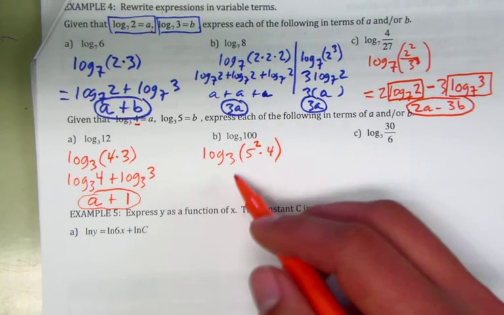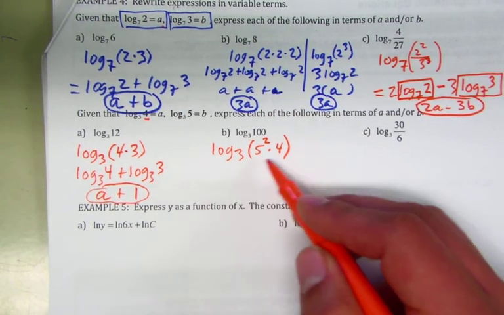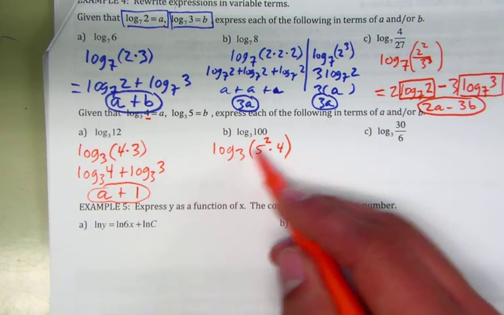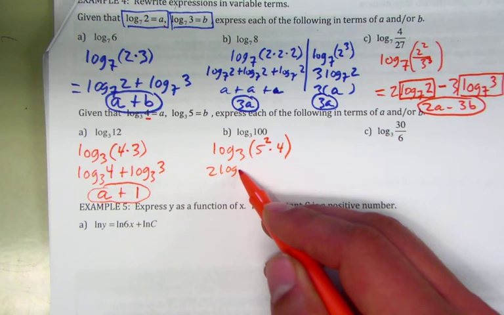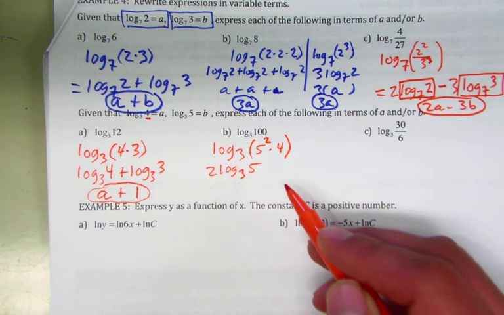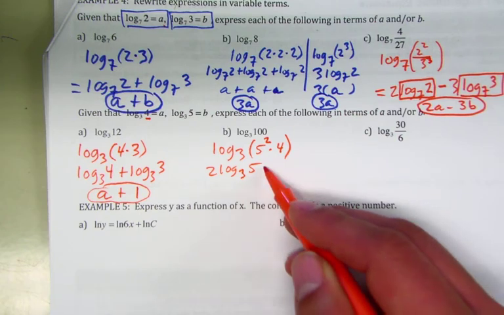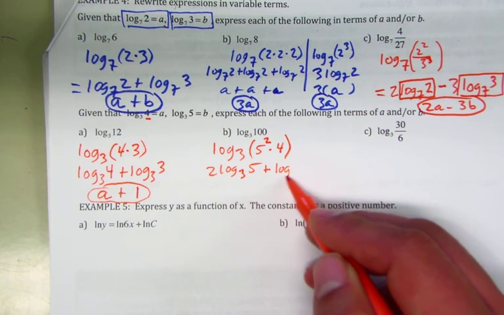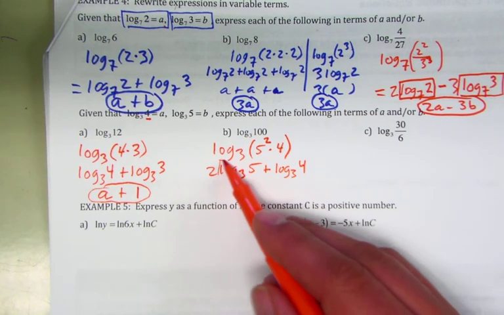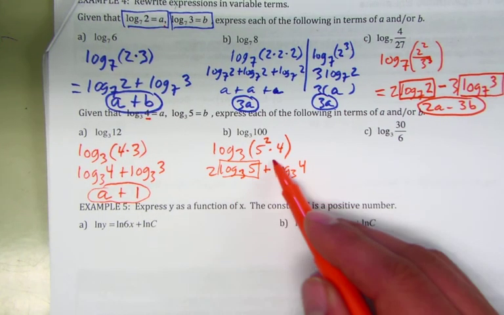Okay? And so let's write it out. What would this be now if I use the properties we've been studying? 2 times log base 3 of 5, right? And then plus log base 3 of 4. So now we just plug in what we know. What's our final answer?